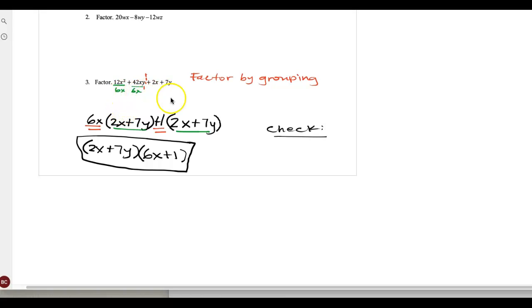Use numbers and letters. I'm not sure which ones you're talking about. Can I do the first step is parentheses 12x squared plus 24xy and close the parentheses, then plus open parentheses 2x plus 7y, close the parentheses. Then I can find the common factor between 2 terms for both.